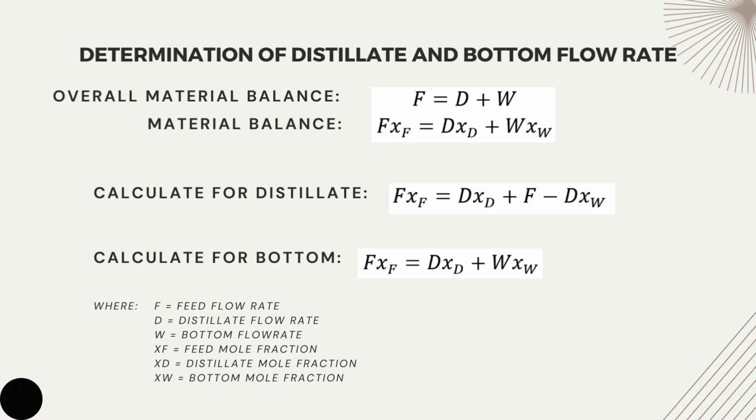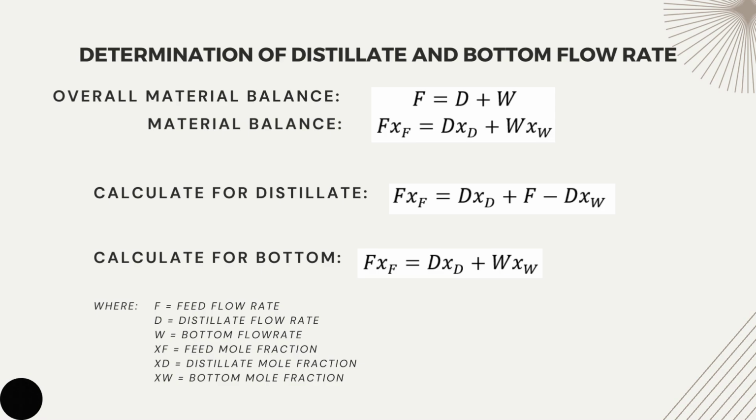This part shows the equations used to obtain the components from Table 1. We use the overall material balance and the component material balances. For this one, F equals D plus W, wherein F is the feed flow rate, D is the distillate flow rate, and W is the bottom flow rate.